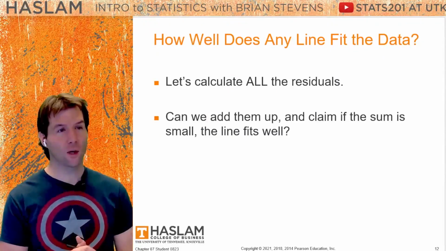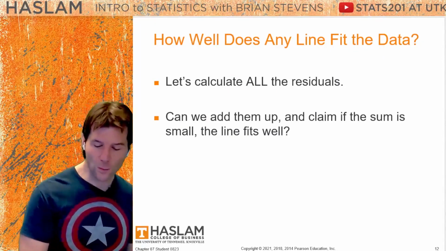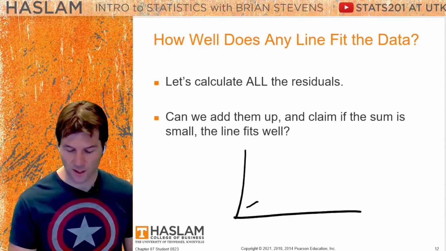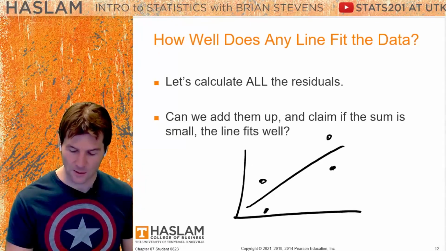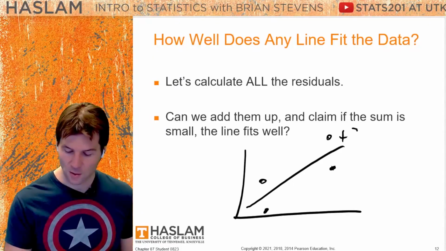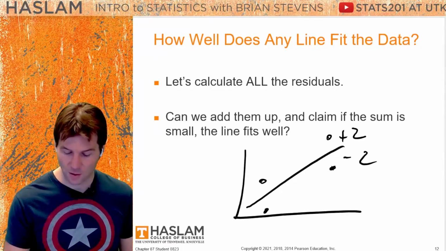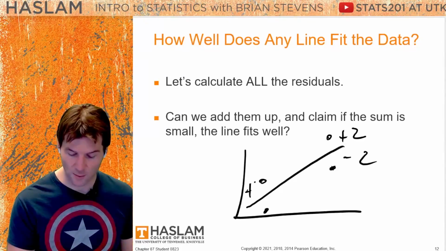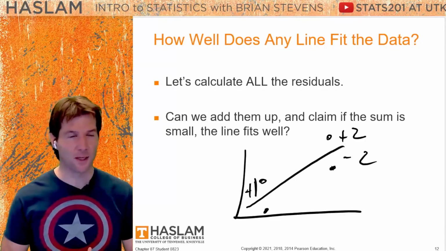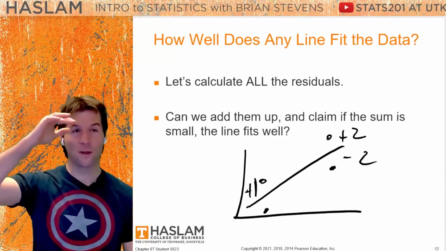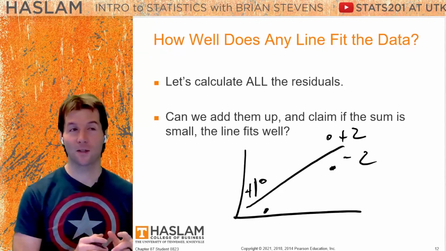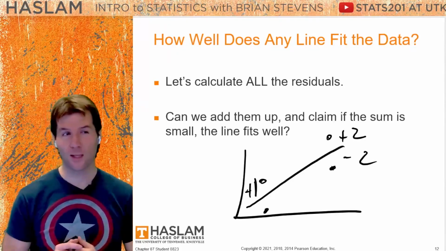And if we calculate all residuals and add them up, we mentioned this previously and we can show it with a smaller example. If we have a line of best fit, the points might go around it like this. This one might be +2 above, this one might be -2 below, this one might be +1 above, and then what would the last one be? Mathematically, it would have to be a certain thing. This one's 2 above, this one's 2 below, the last two +1, what would the last one be?